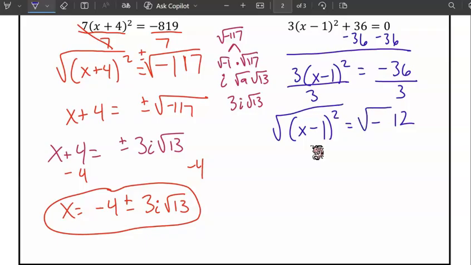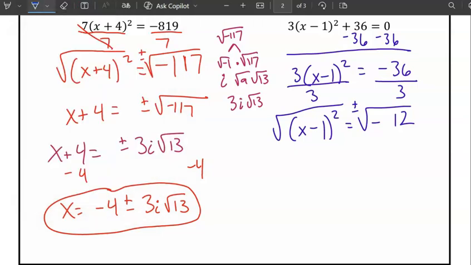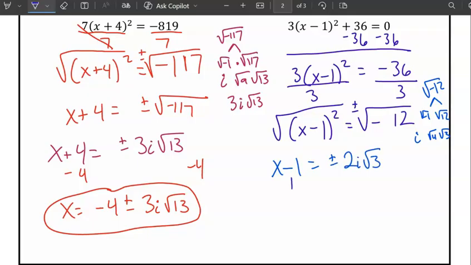Take the square root of each side. Put a plus and minus in front of the square root we're solving for. Let's simplify the square root of negative 12. We get x minus 1 equals plus or minus 2i square root 3. Add 1 to each side. X equals 1 plus or minus 2i square root 3.